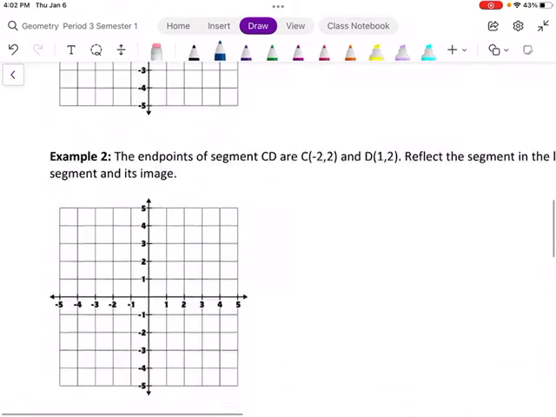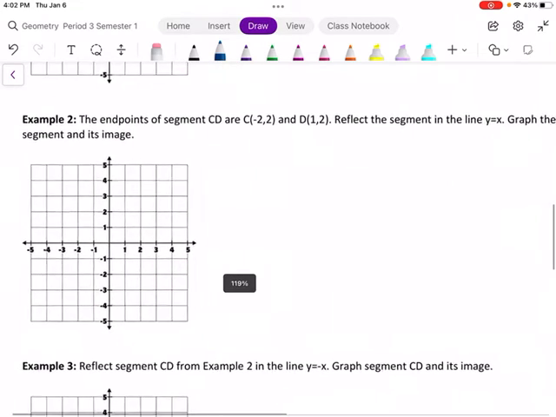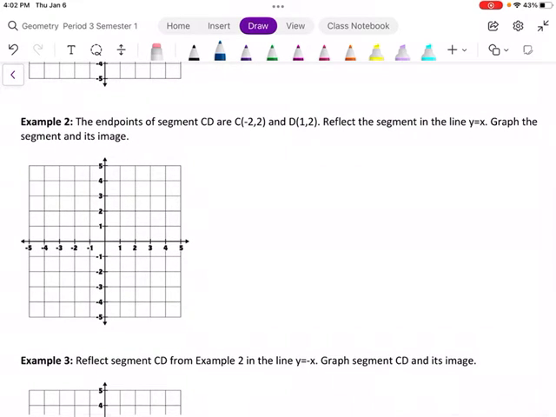Then we also have example 2. This time we have a line segment CD with C at (-2, 2) and D at (1, 2), and we are going to reflect this over the line y equals x.